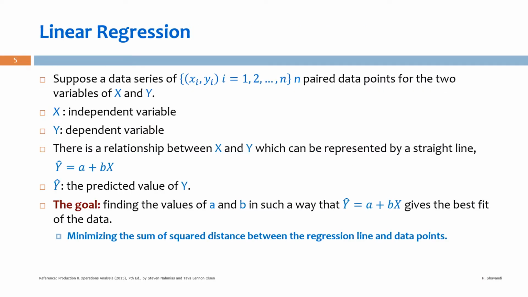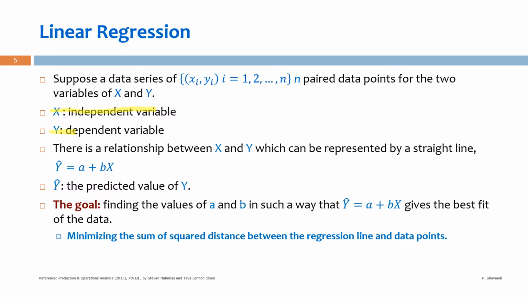The first method in time series with trend is linear regression. So here we assume that we have one independent variable, which is x, and one dependent variable, which is y, and that will be the variable that we're going to forecast its value in the future.